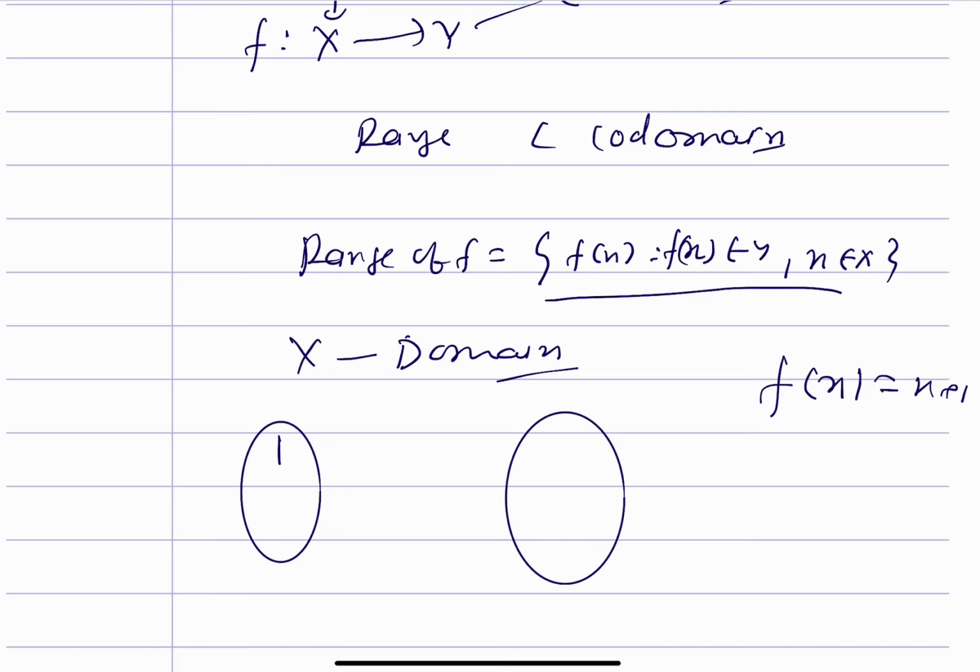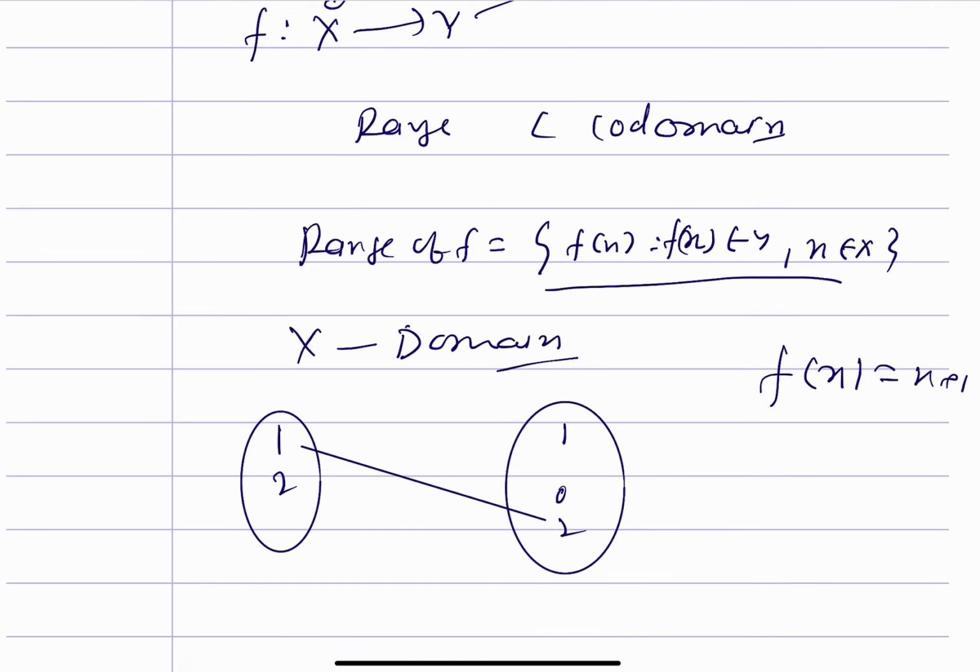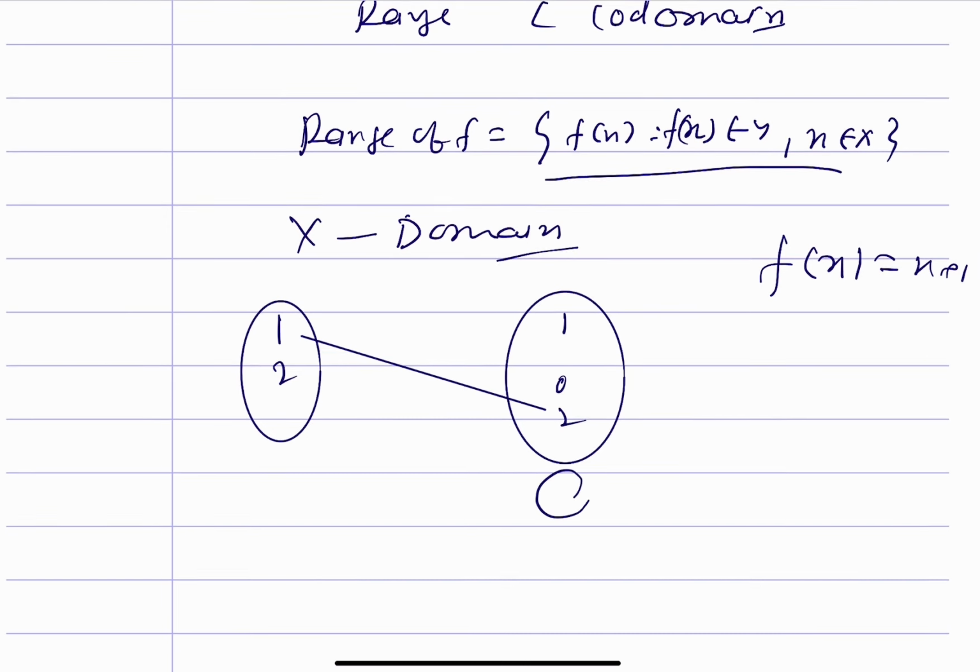Our domain is 1 2, and our codomain is 1 and 0. If I take x equal to 1, its image is going to be 2. If I take x equal to 2, its image is going to be 3, but 3 is not in this set. So it is not a function, because the output is not in this set.